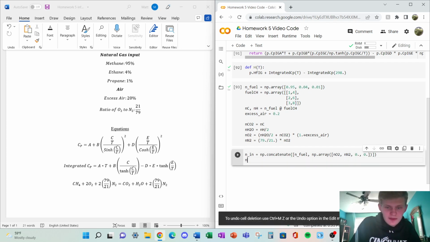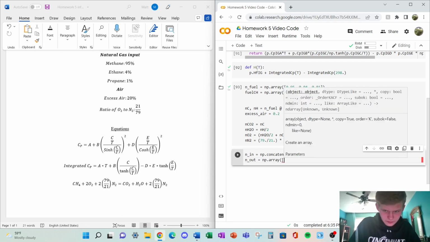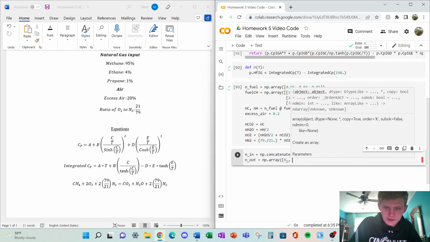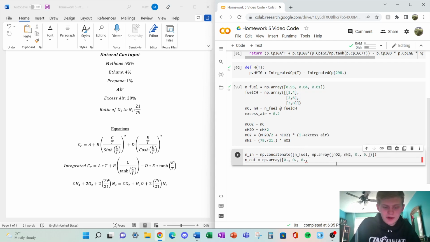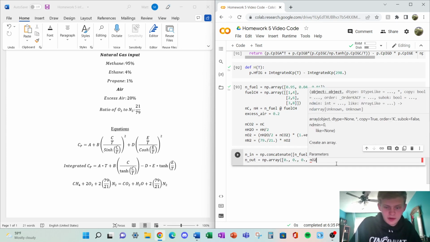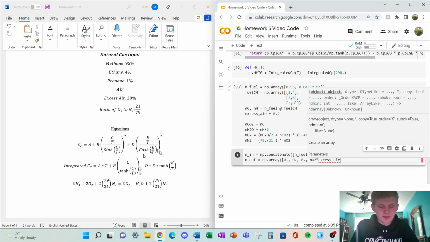And then we have our number of moles going out, which is going to be just another numpy array, equal to 3 zeros at the start. And then we want our number of moles of oxygen multiplied by our excess air, because we need our excess air represented in the right side of the equation.